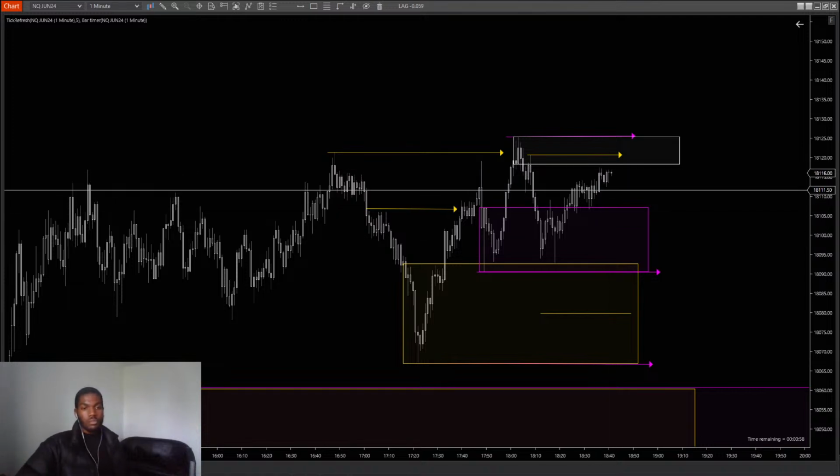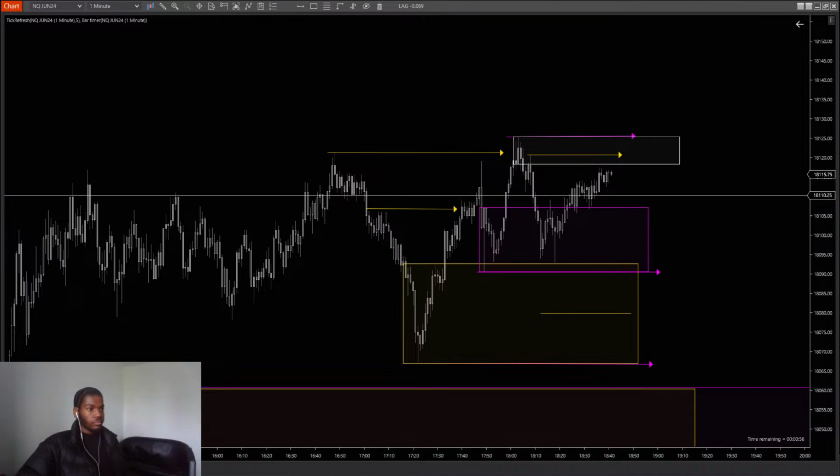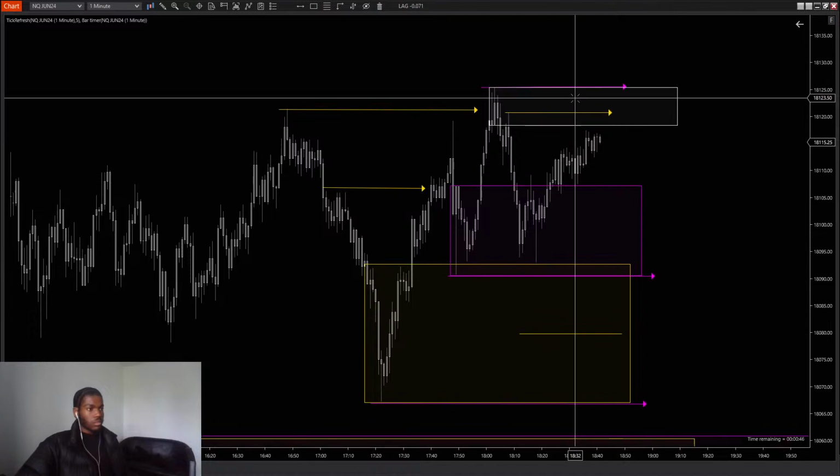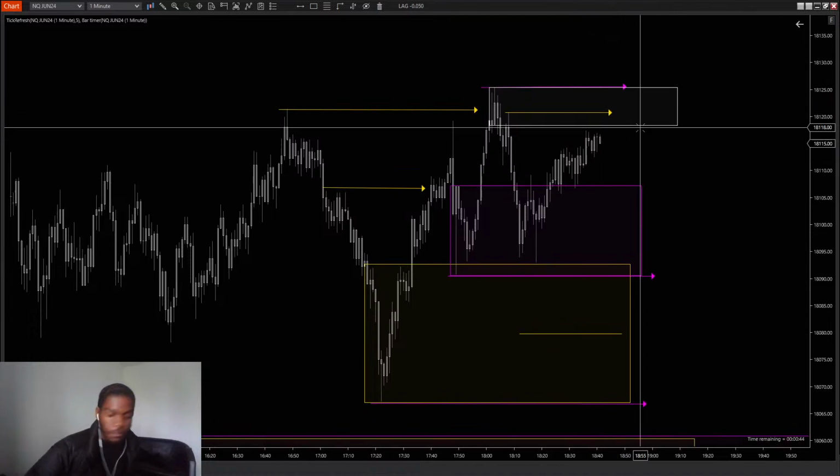Alright. I want to see a candlestick flick above this high. That's what I want to see first. I'll just say it. But be taking notes.